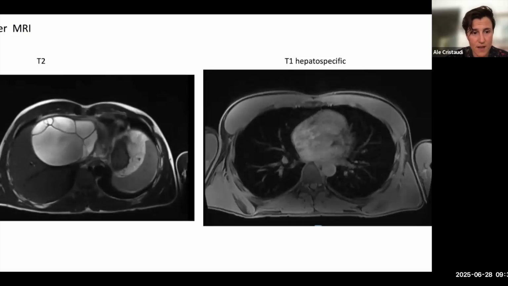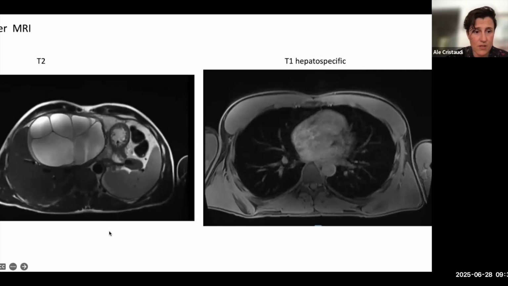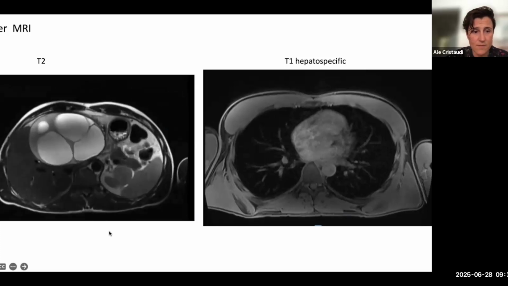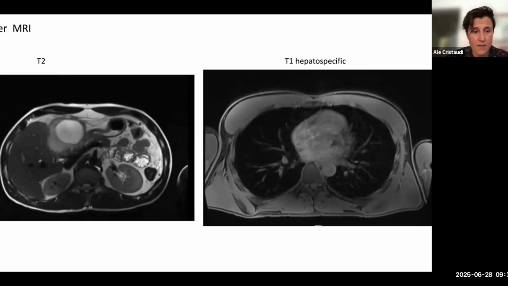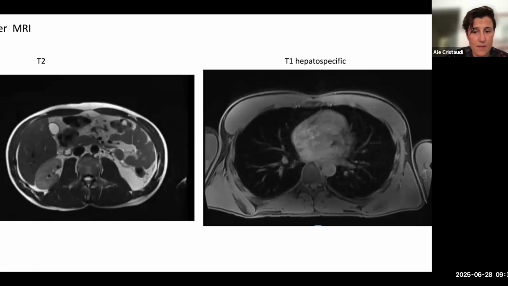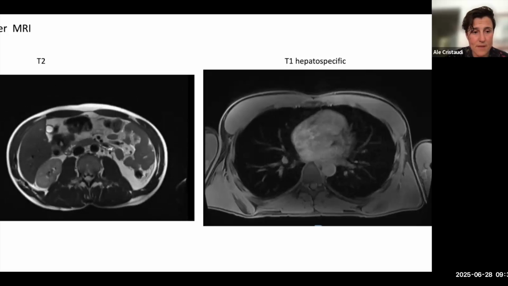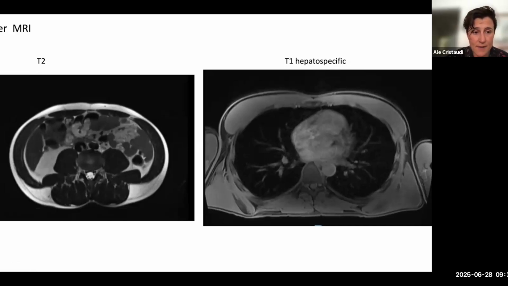We were called afterwards. So this is the T2. The free fluid is getting better. The MRI was performed about 5 days after the CT scan.